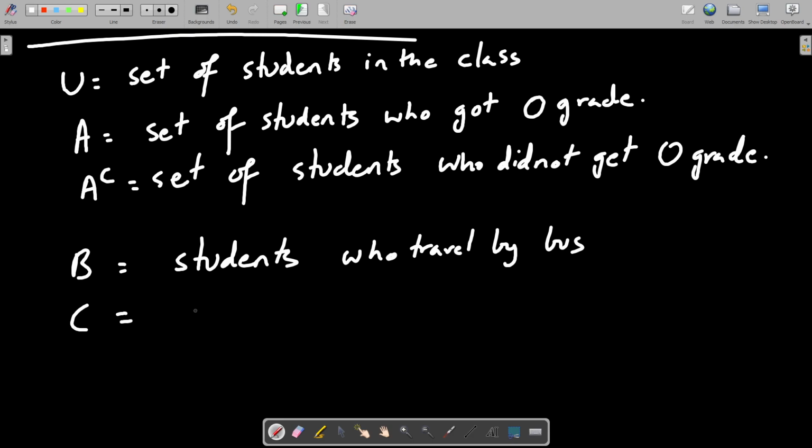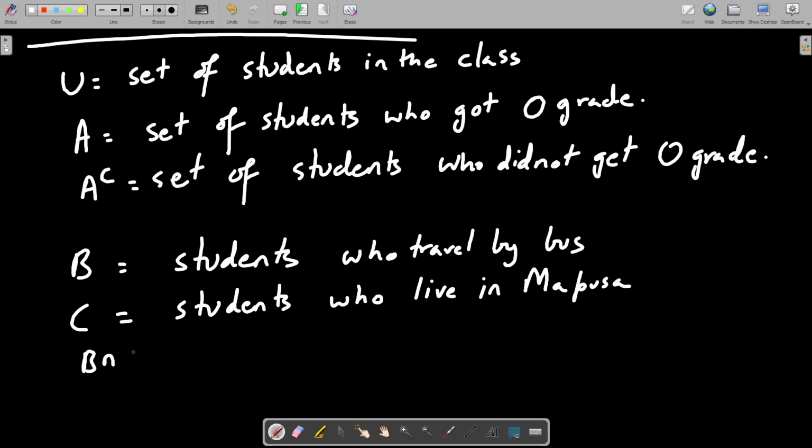Okay, you take C to be the where we'll put. So what will be B intersection C?